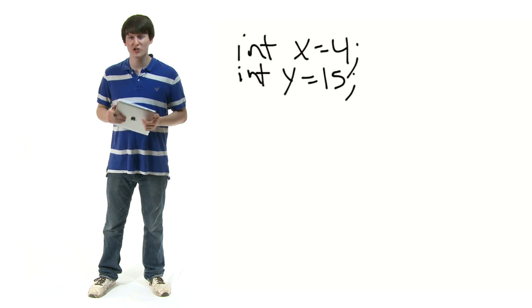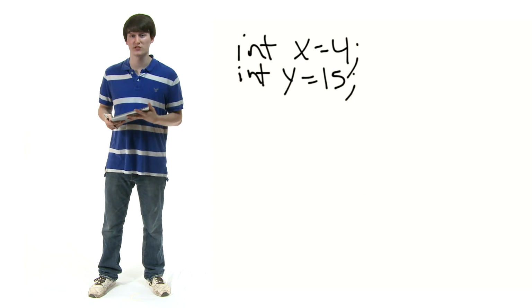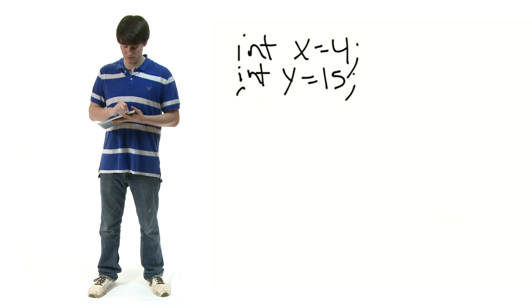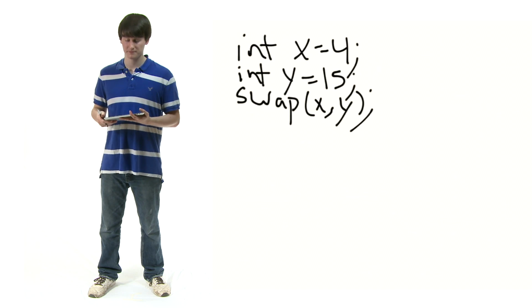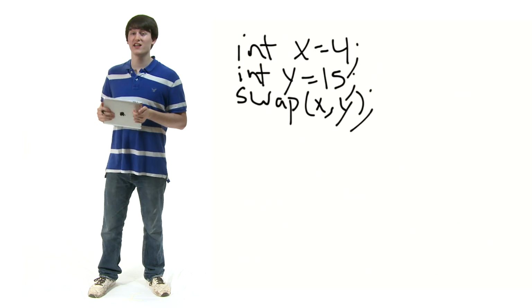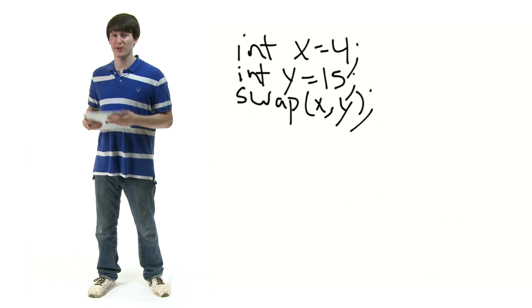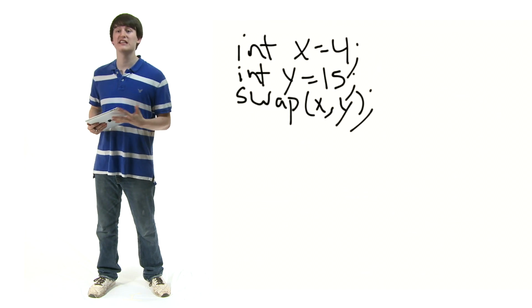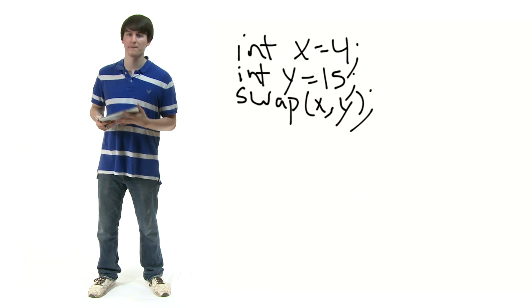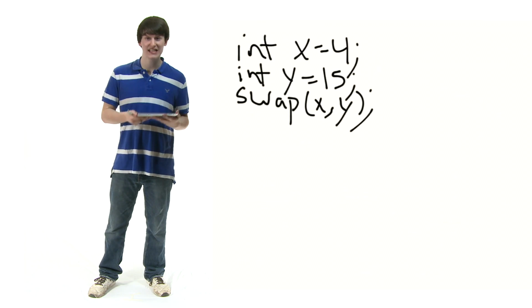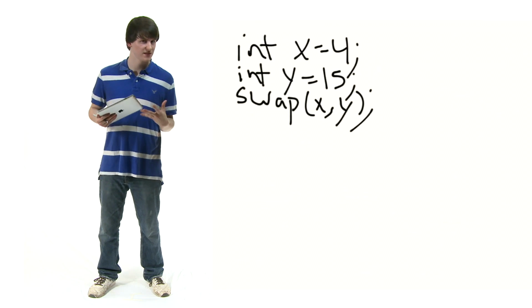And I want to write a function called swap that I can use like so: swap(x, y). After this line, the value inside of the variable x should be 15, and the value inside variable y should be 4. The values inside of x and y have been swapped.